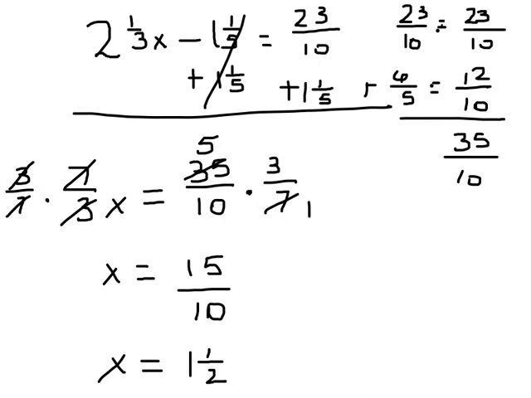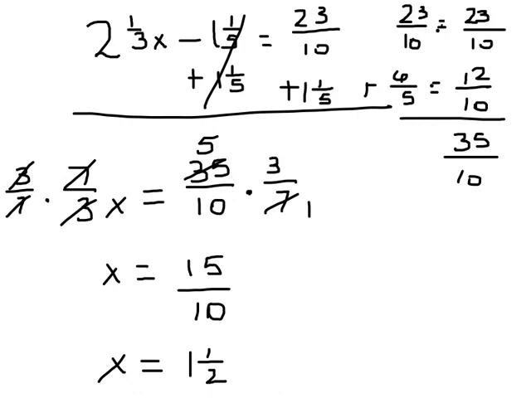Now to do that, I'm going to have to find a common denominator, but first I wanted to turn that 1 and 1/5 into an improper fraction. Just makes it a little easier. So I did all of that and got my common denominator of 10, got my equivalent fractions, and then I added 23 and 12 for 35 over 10.